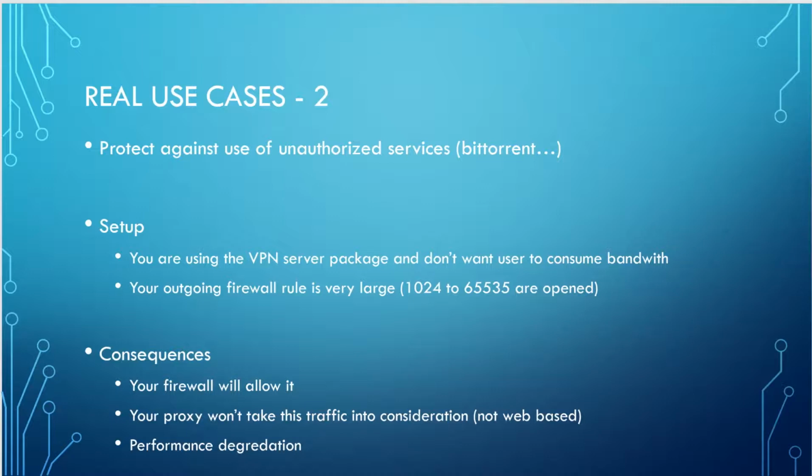And again, the proxy won't take this traffic into consideration because it's not web-based. And therefore, your NAS will suffer from performance degradation, for example. So this is another use case where this can be useful.